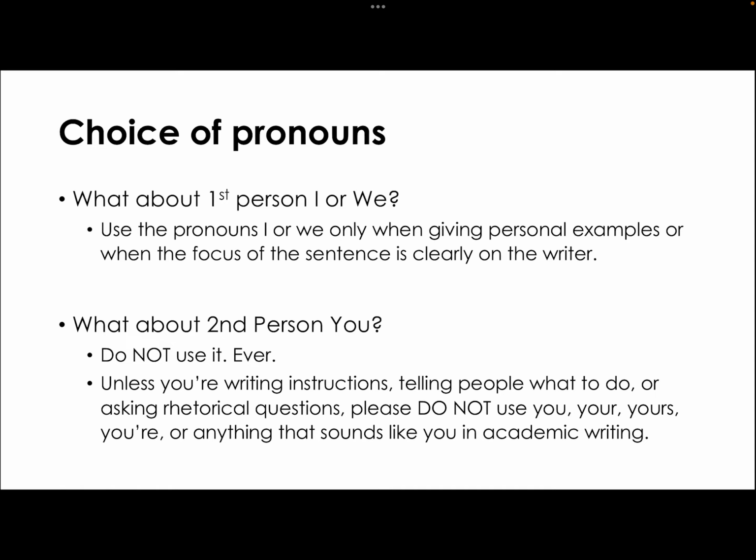So, you can use these pronouns I or we when you're giving a personal example or when the focus of the sentence is clearly on the writer yourself, not someone else. So if it has to be you in the sentence, it's either your experience or your opinion or your idea. If you want to emphasize that, then you can use the pronoun I or we. But let's say you're writing a medical journal.